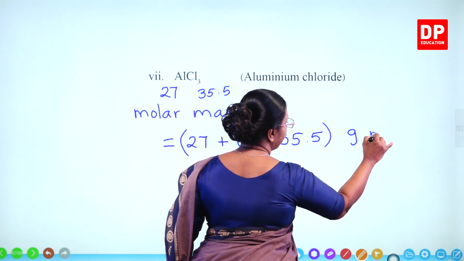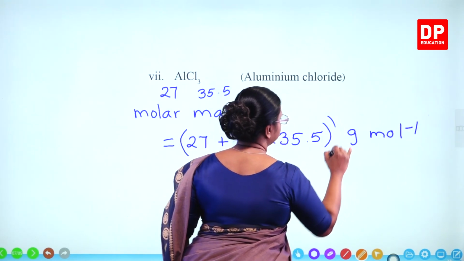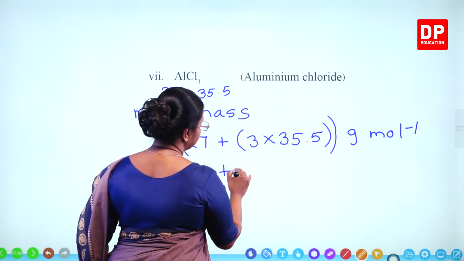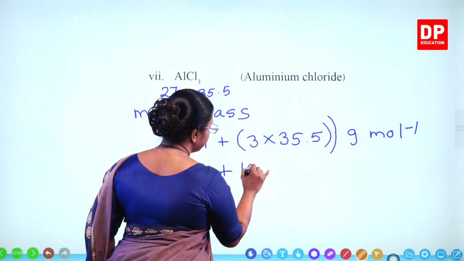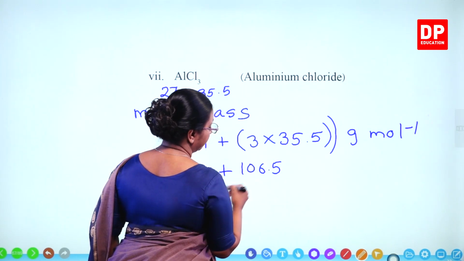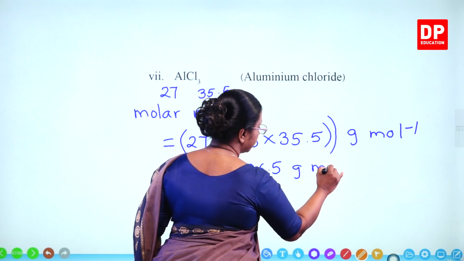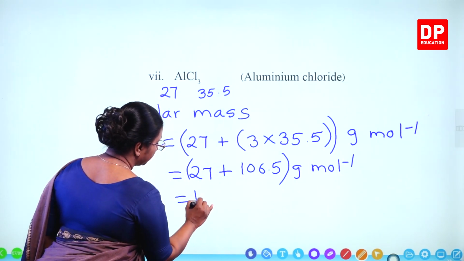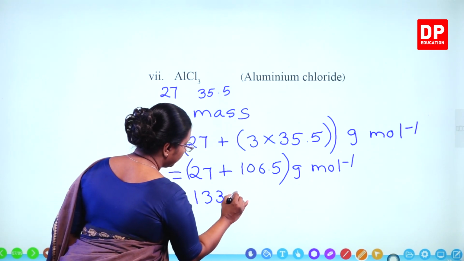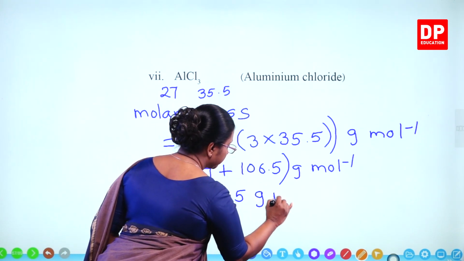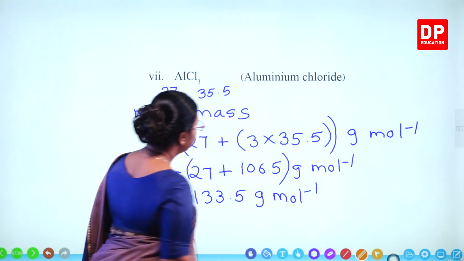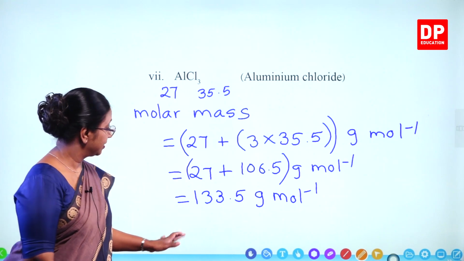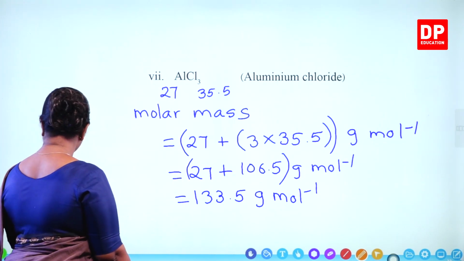That is grams per mole. So here 27 plus 106.5 grams per mole. That will be equal to 133.5 grams per mole. So, did you do it correctly? Yes. So, then I will move on to the next one.